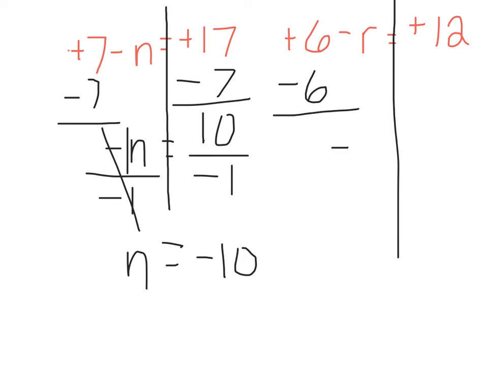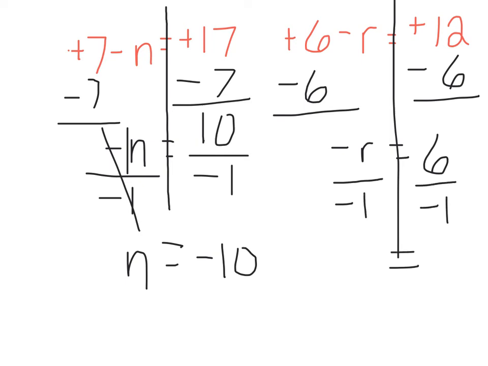I'm left with negative r equals, and I subtract 6 off this side. 12 minus 6 equals 6. Negative r equals 6. Remember, I need to get rid of that negative because I want that r completely by itself. So I divide this by negative 1 and divide this by negative 1. Now I have r equals negative 6.